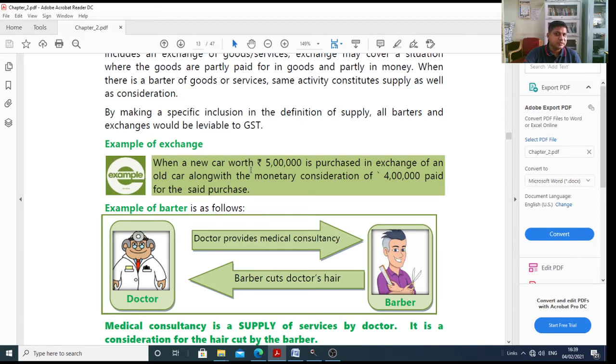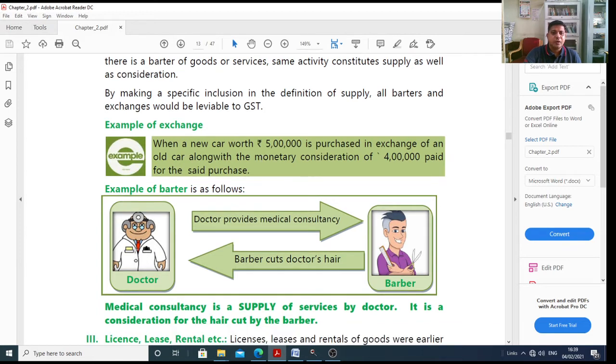The new car's value is 5 lakhs, but if you exchange your old car, you have to pay only 4 lakhs. This example is a supply. Now one more example of barter. Barter and exchange are both included under supply.